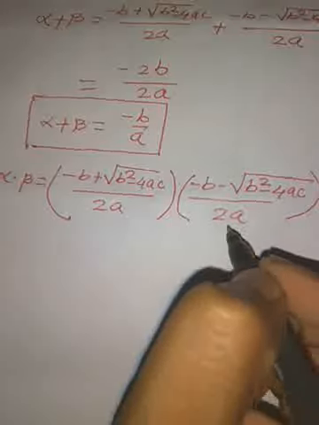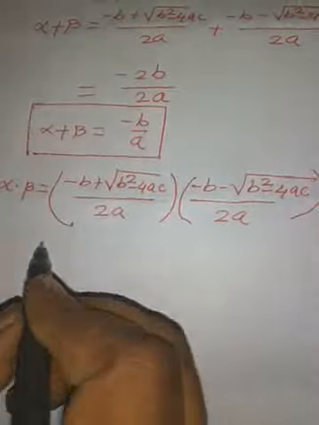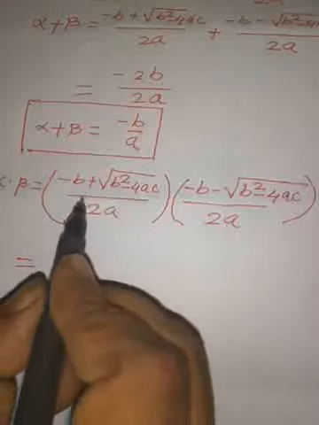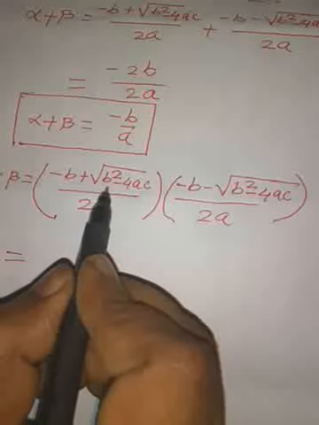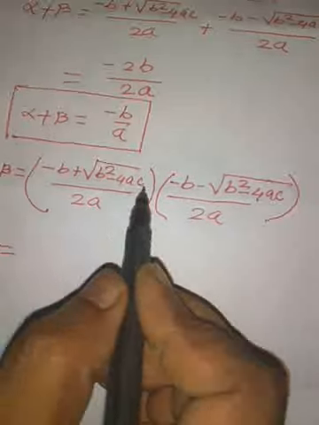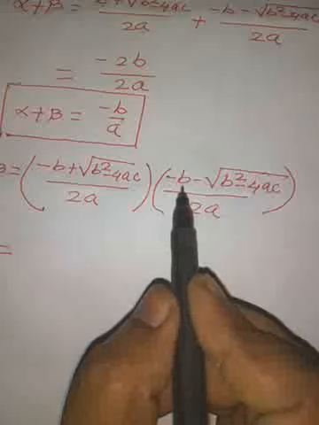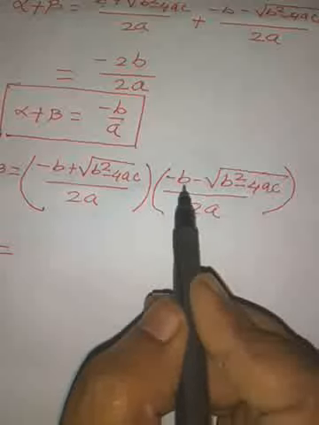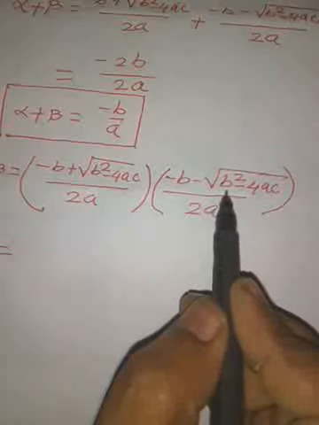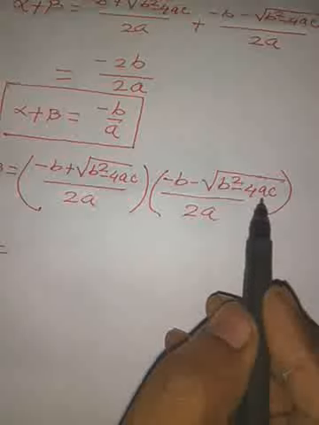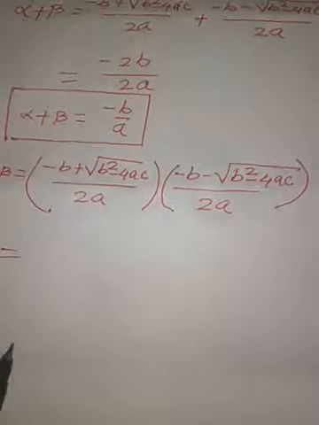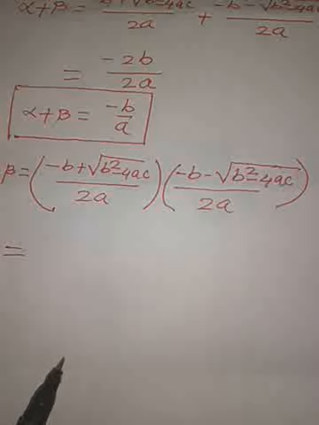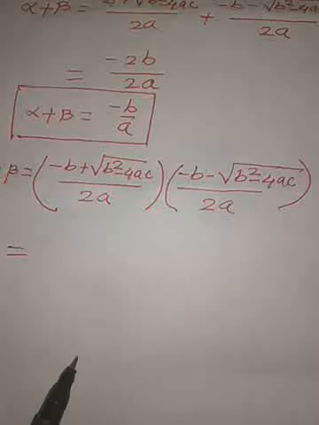In this multiplication, in the first bracket there is the sum of minus b and square root of b square minus 4ac, into the second bracket there is the subtraction of minus b and square root of b square minus 4ac. This we can multiply by using the formula of a plus b into a minus b, that will be equal to a square minus b square.